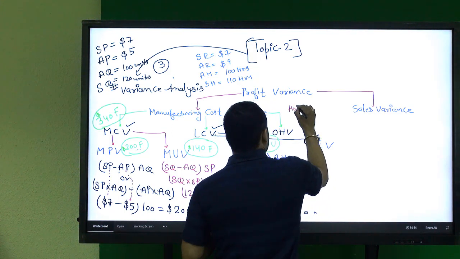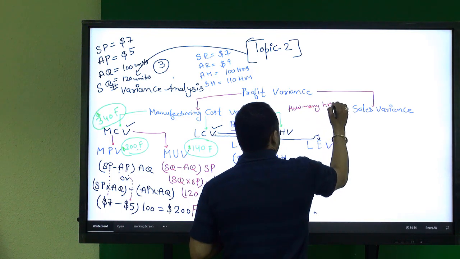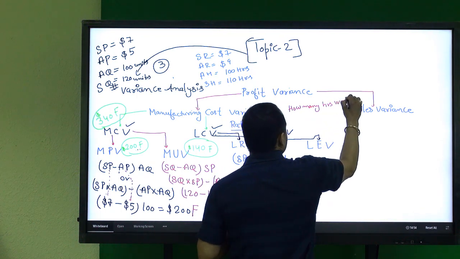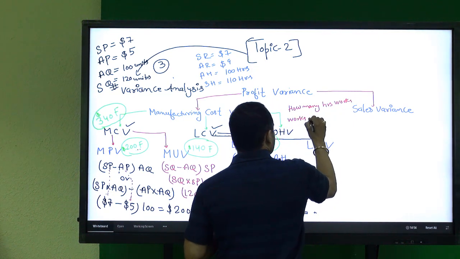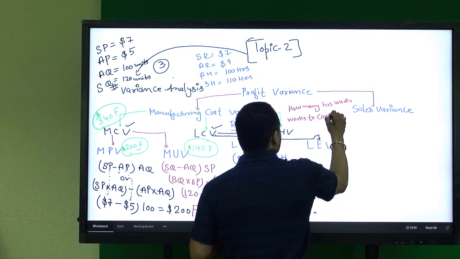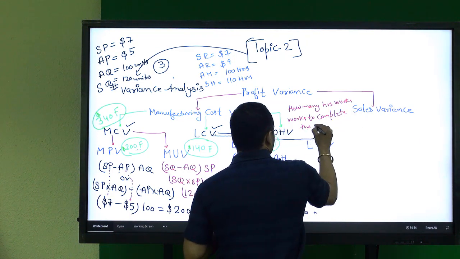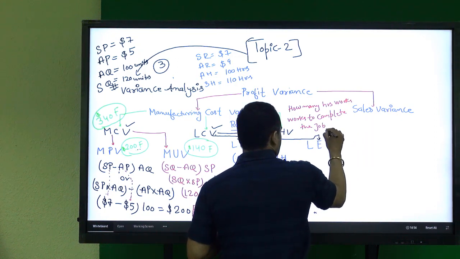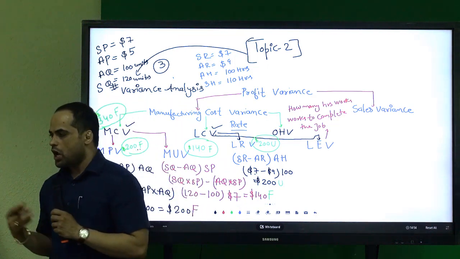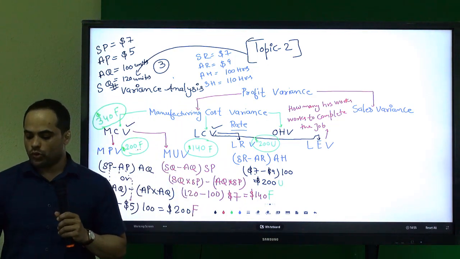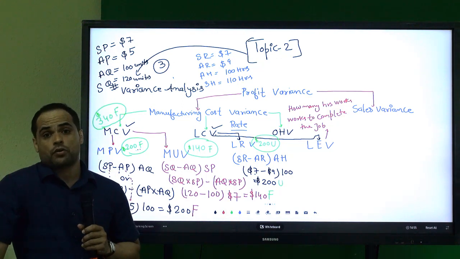How many hours workers work to complete a job? That is labor efficiency variance. Let's say, as I explained before, I want my worker to work 8 hours, and in these 8 hours they produce 800 products.